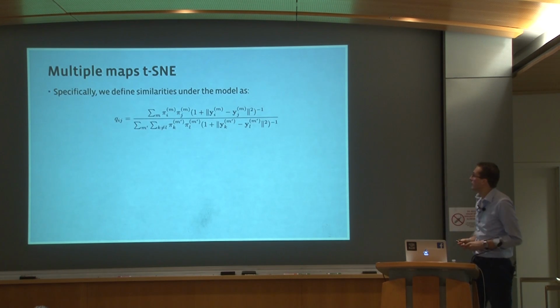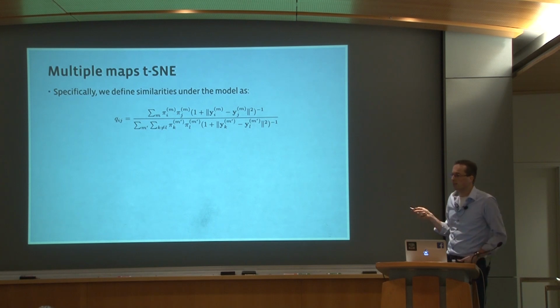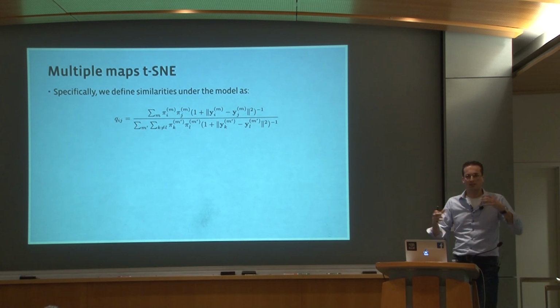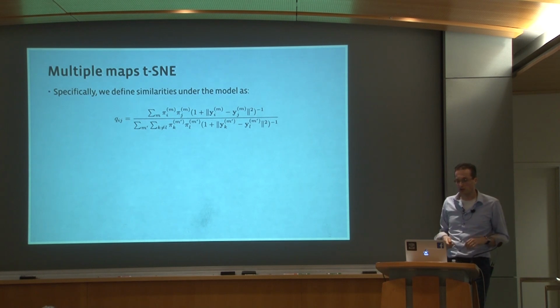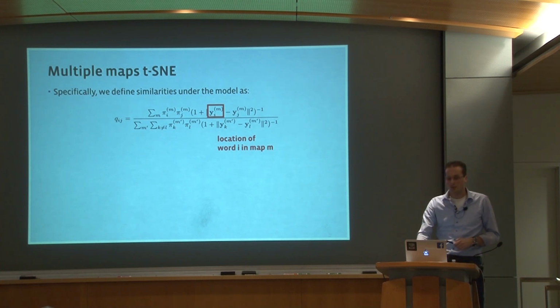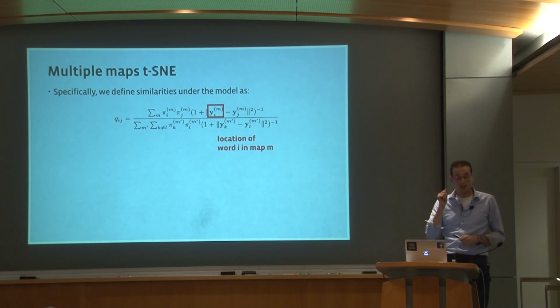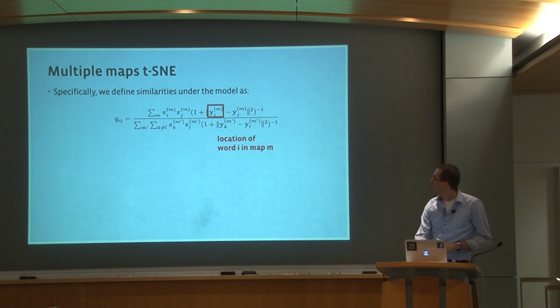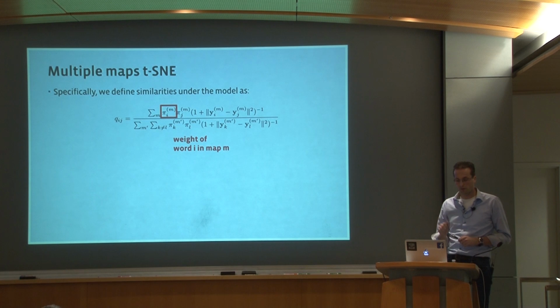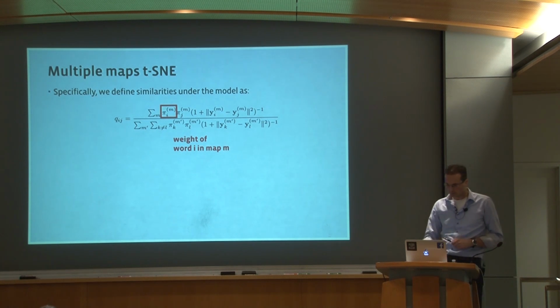So how do we formalize this? We basically set it up like this. Again, we're going to redefine these q_ij probabilities, these similarities under a model, and we're going to make them a bit more complicated. So this y_i super m is the location of word i in map m, and this p_i super m is the weight of word i in map m.